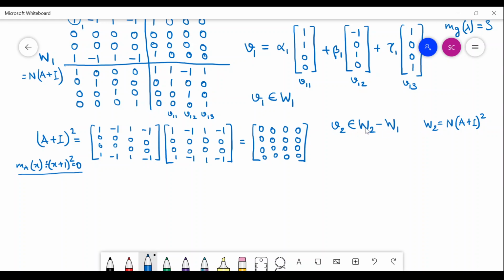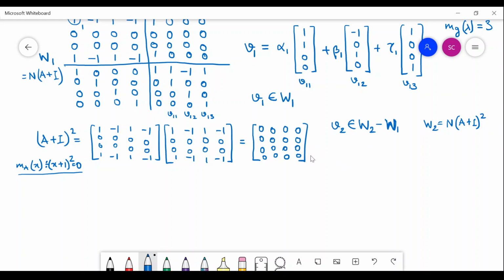V2 is in W2 but not in W1. This is important. So you have to actually choose a v2 from the available v2 that you can choose, but choose it in such a way that it is not in this space W1. So you have to first identify what are those available v2 in W2.